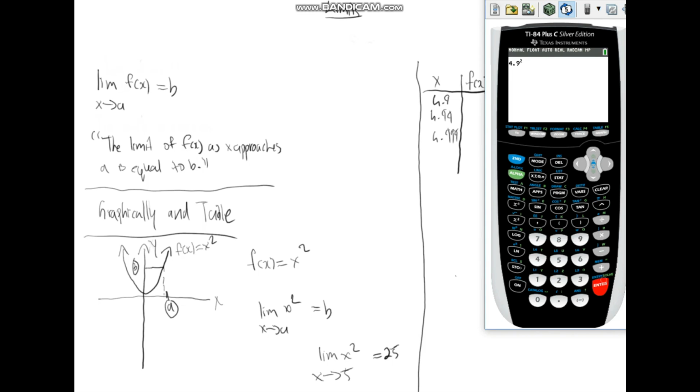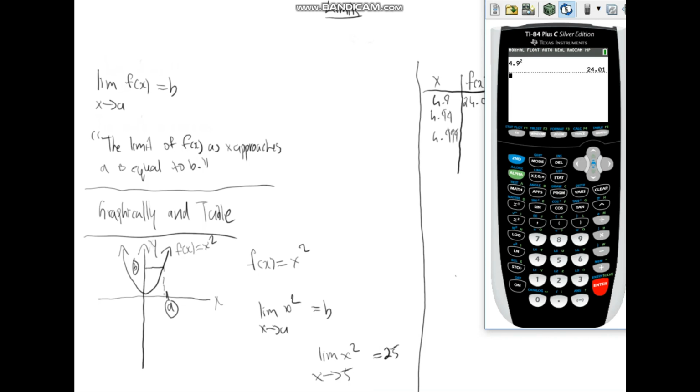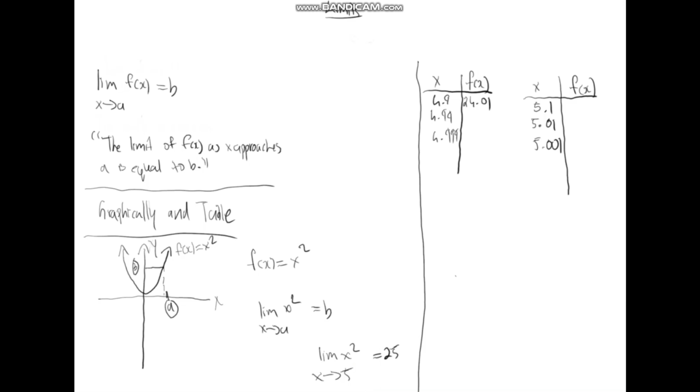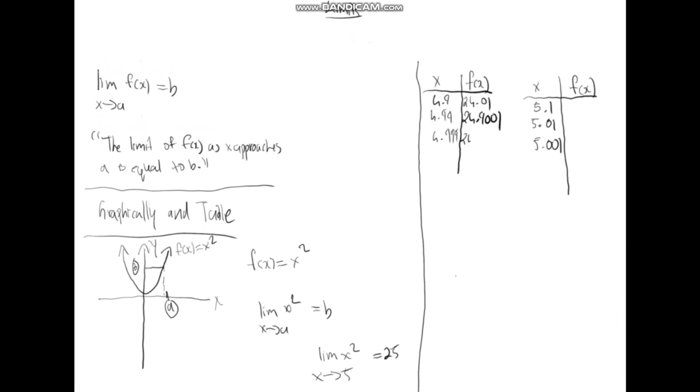And we can compute these. So 4.9 squared is 24.01, 4.99 squared is 24.9001, and 4.999 squared is 24.990001.